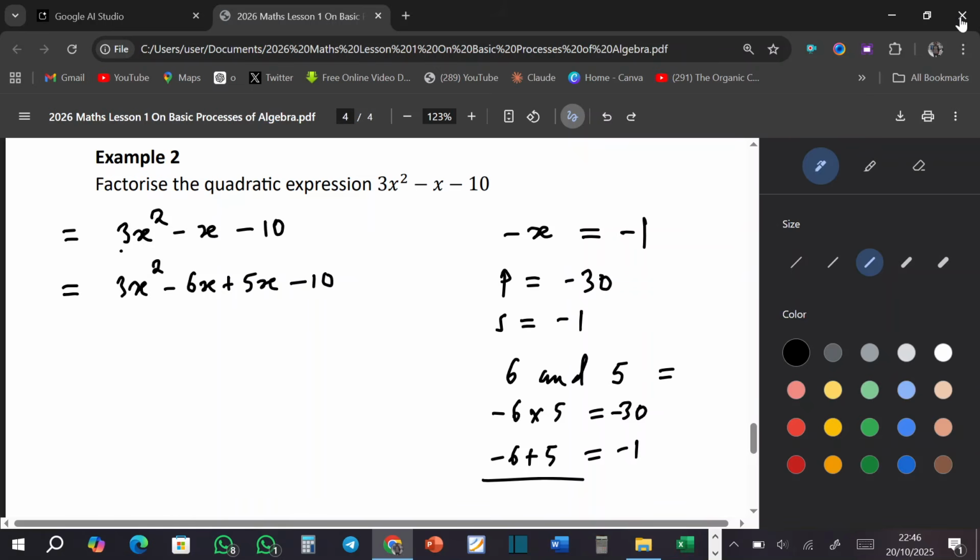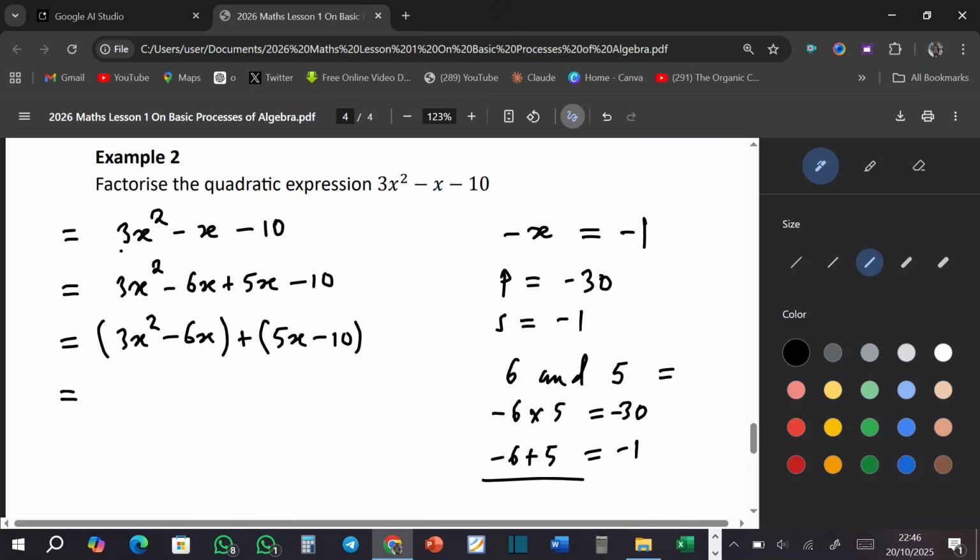So now you recopy them and group them. You say, open brackets, 3x squared minus 6x, close brackets, then plus, here you have, open brackets, 5x minus 10, close brackets, then you say equals.